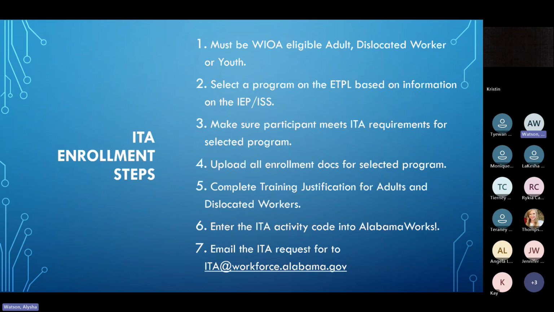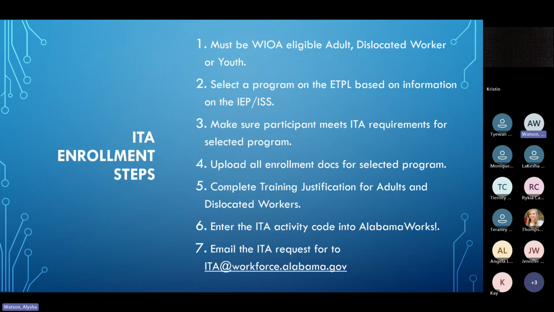That information will go on their IEP/ISS. Again, those coincide with each other. Next, make sure the participant meets the ITA requirements for the selected program, and that all documents are uploaded into Alabama Works for the selected program.